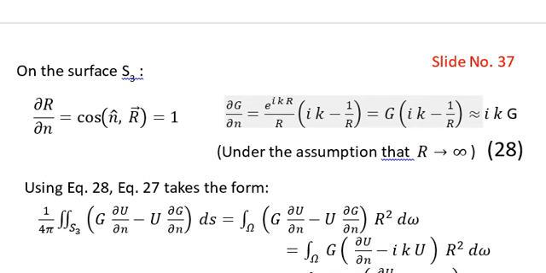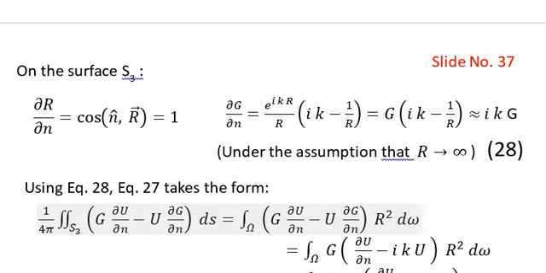So the second last term is capital G, and within the parenthesis we have iota k minus 1 over r. If we assume that r is very large, that is the surface S3 is very large, then the contribution of 1 over r will be equal to 0, and we are left with ∂g/∂n approximately equal to iota k into capital G, under the assumption that the surface S3 has a very large radius.